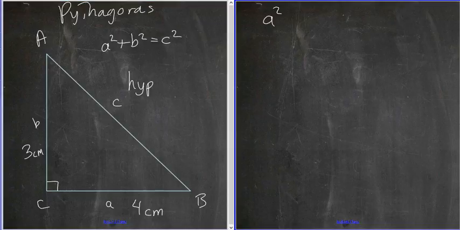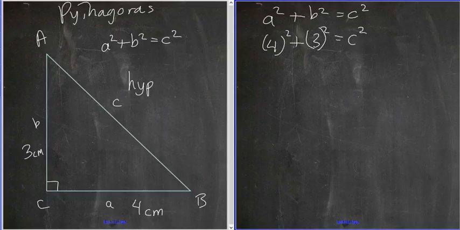So given that a squared plus b squared equals c squared, our a is 4 centimeters. So that's 4 squared plus 3 squared equals c squared. 4 squared is 16. 3 squared is 9. 25 is equal to c squared.